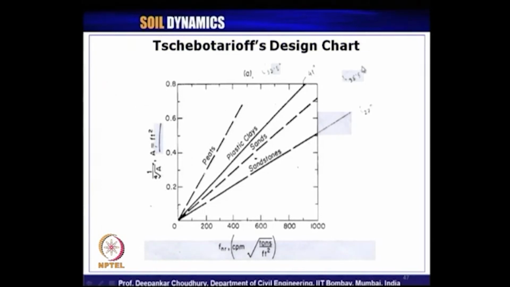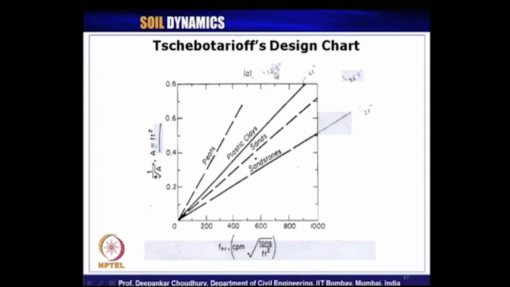Second, Tschebotarioff's design chart is like this. The X axis is the same, that is FNR in the unit of CPM root over ton per feet square, whereas the y axis will give you the value of 1 by 4th root of A, where A is in feet square unit. If you use this second chart, for different types of soil, again he has proposed here sandstone, sand, plastic clay, peat, and you can get different angles.